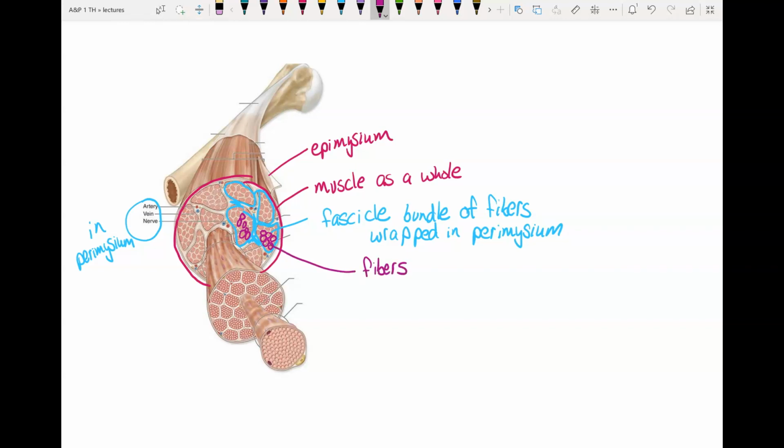So if we come out to where they're zoomed in, they're zooming in on an individual fascicle. And then within that fascicle, we can see the fibers. And here is zoomed in on an individual fiber. A fiber is a muscle cell.